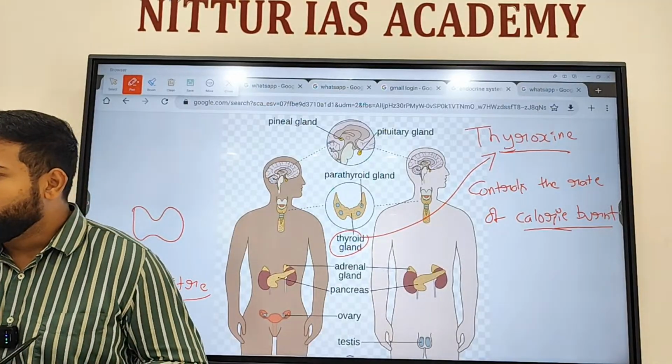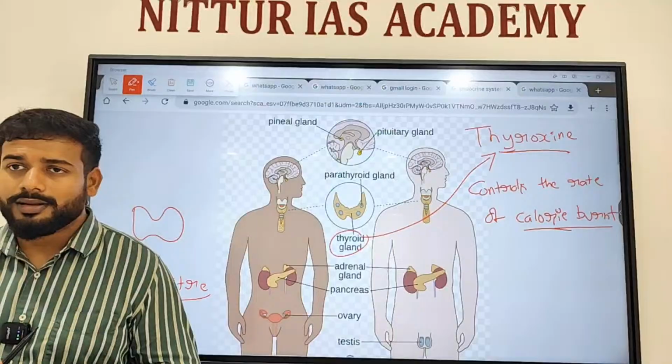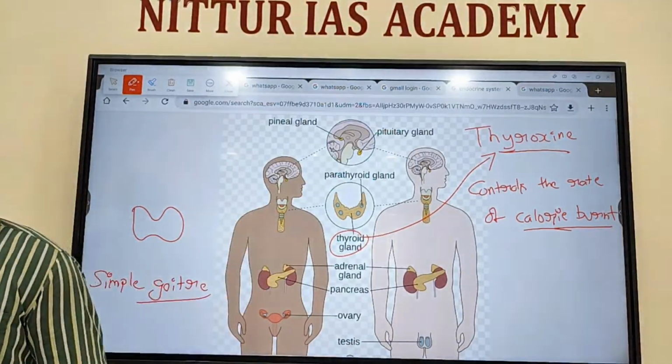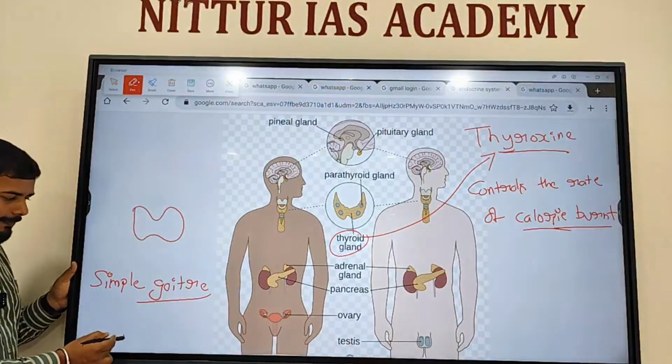In children, mental disability might occur, and improper functioning of the thyroid might occur. That's why the government decided that mental disability is a big issue that should not happen. Let's add iodine into salt. They planned it, so we have iodized salt.